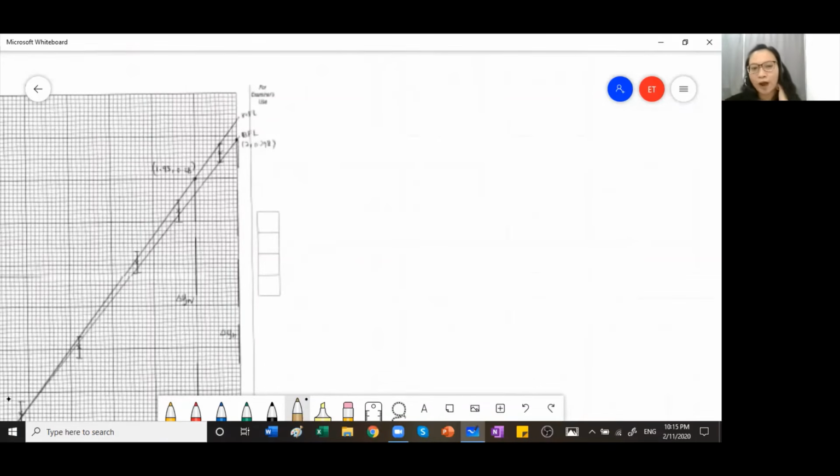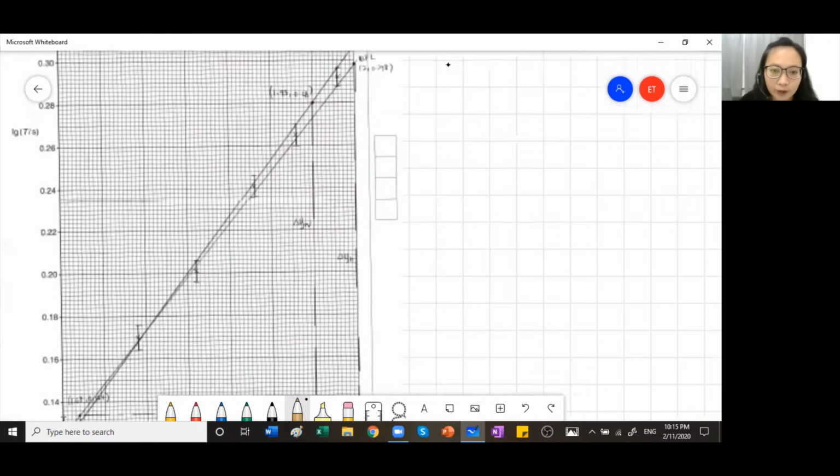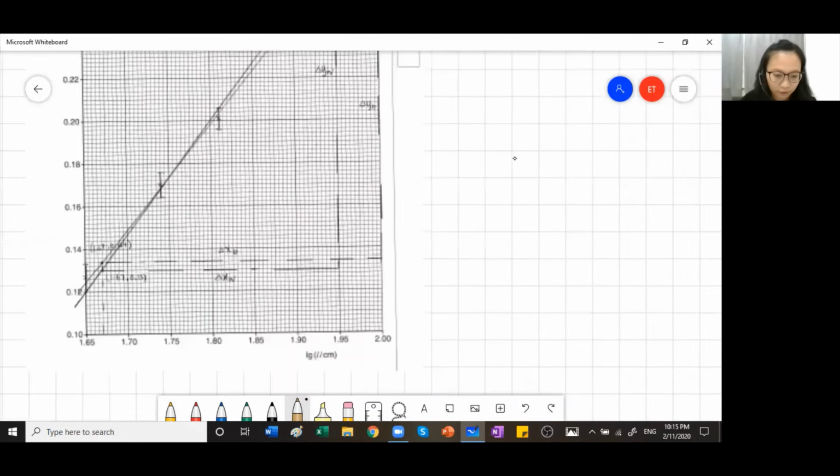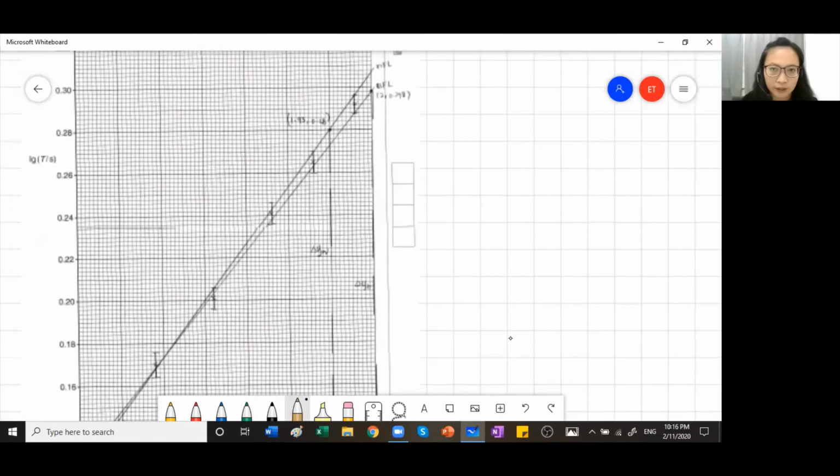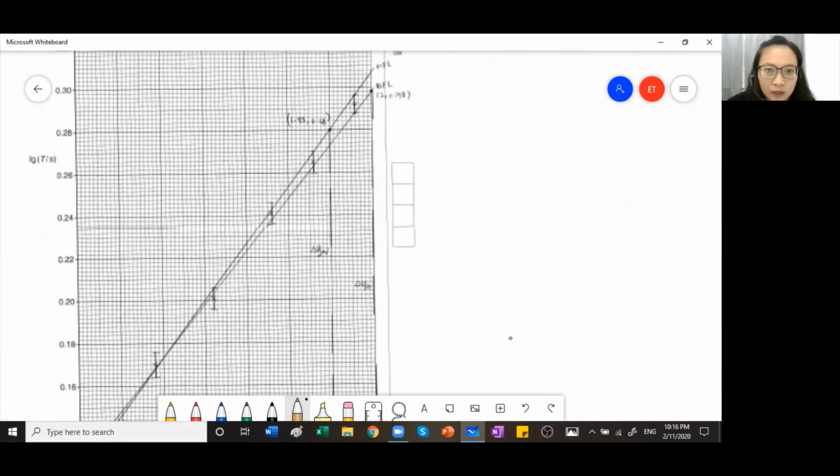Now, since you have the error bars, when you plot your error bars, let us look at the first value of my error bars here. My first value is 0.292 and 1.98, which is here. So this is my first error bar. The absolute uncertainty is 0.004, which means the height of the error bar must be 0.004 above and below.